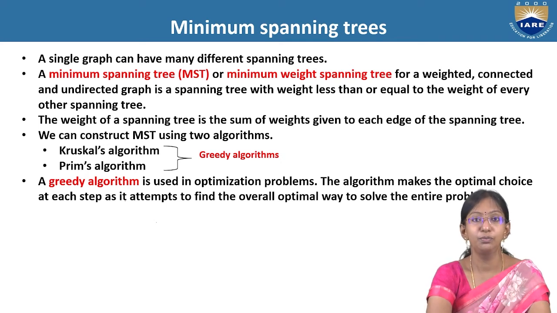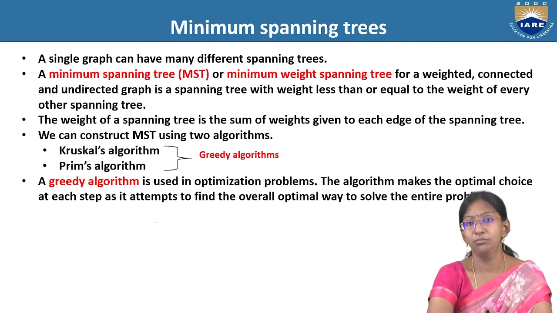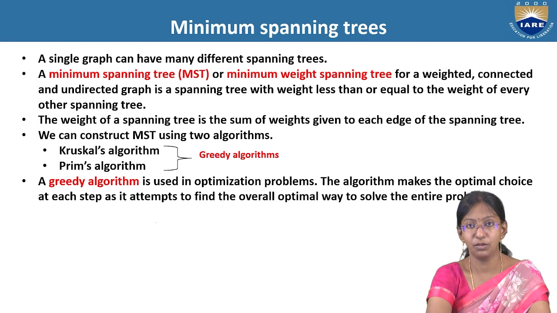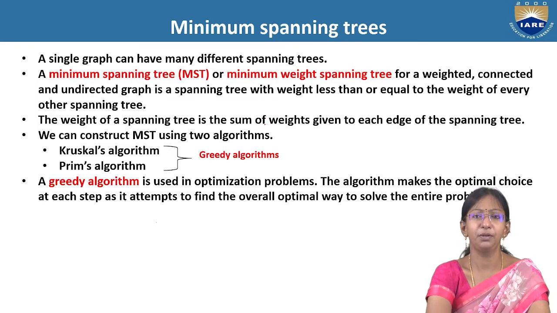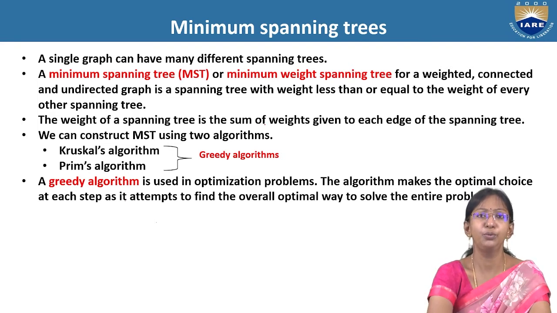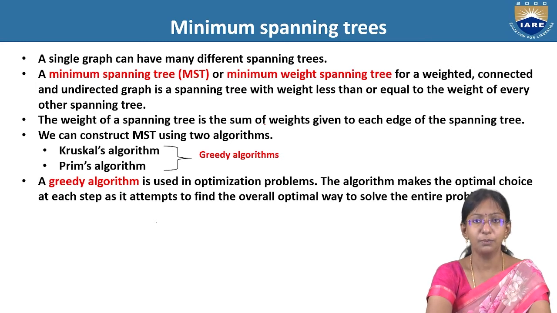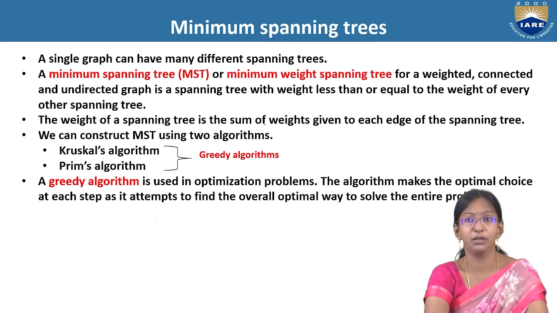There are two basic algorithms which help us demonstrate how to construct minimum spanning trees. In my previous video, I explained Kruskal's algorithm, how to construct a minimum spanning tree using Kruskal's algorithm. In this session, we'll be concentrating on Prim's algorithm.